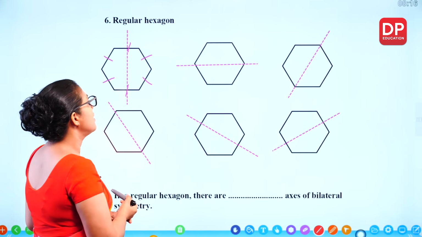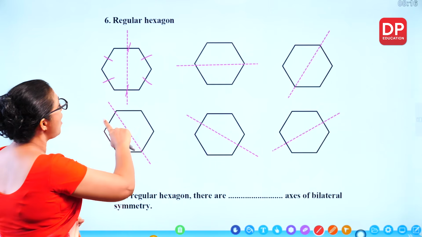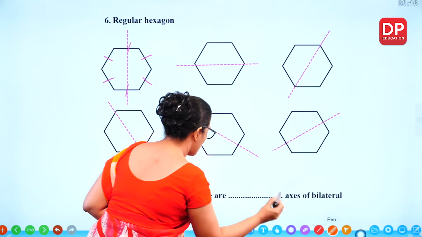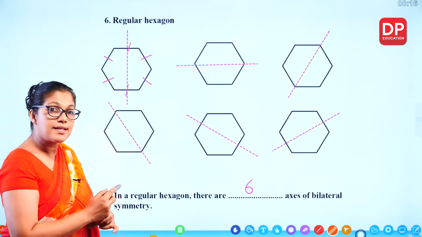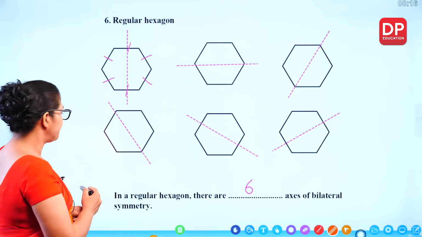So here, how many axes of symmetry are there? 1, 2, 3, 4, 5, 6. So in a regular hexagon, there are 6 axes of bilateral symmetry.